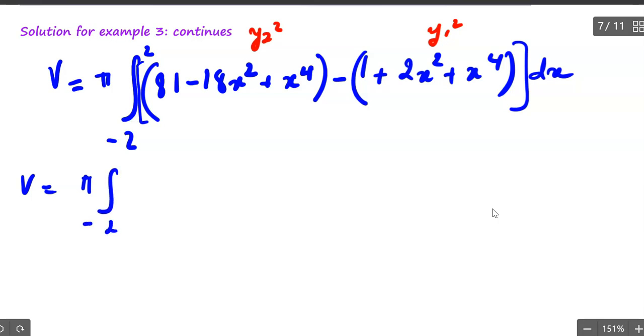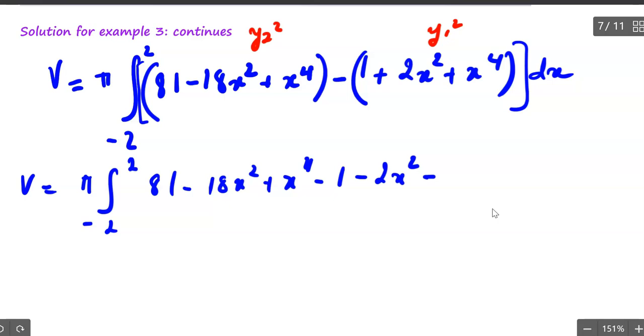Now we are going to expand the brackets, or distribute: 1 minus 1 minus 2x squared subtract x to the exponent 4. Excuse me, sorry. Let's see what terms we can cancel.